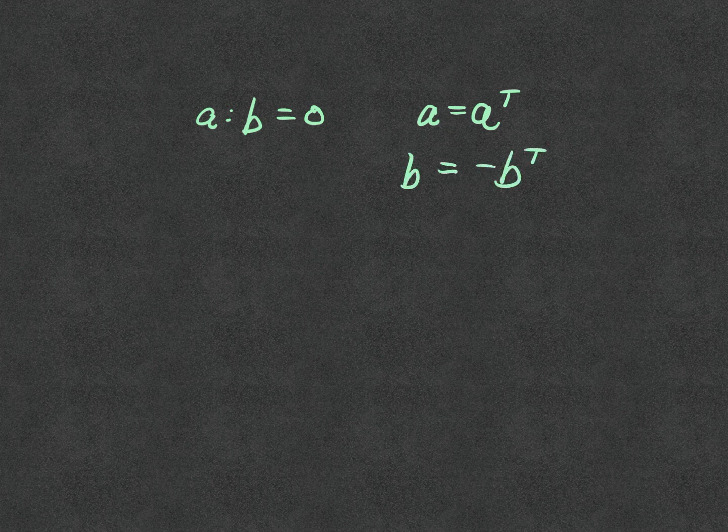Okay, so let me show in greater detail what we talked about. Let's say that we have A double dot B equal to 0. Okay, and A is a symmetric tensor, and B is a skew symmetric tensor.